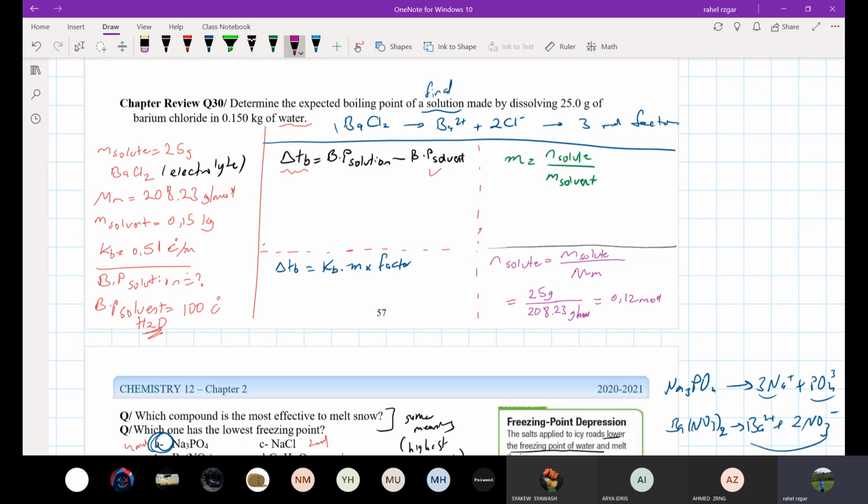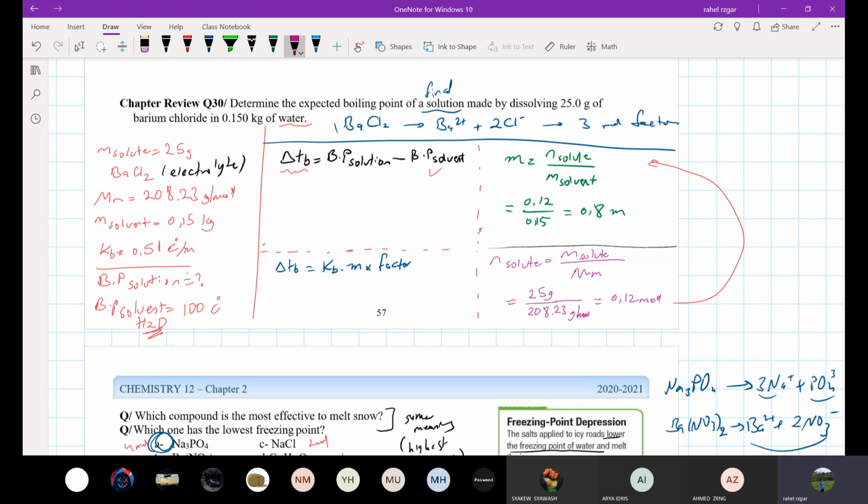This is the mole, the exact amount that we have added. So put it here, and you get 0.12 divided by 0.15 equals 0.8 molal. We found molal.